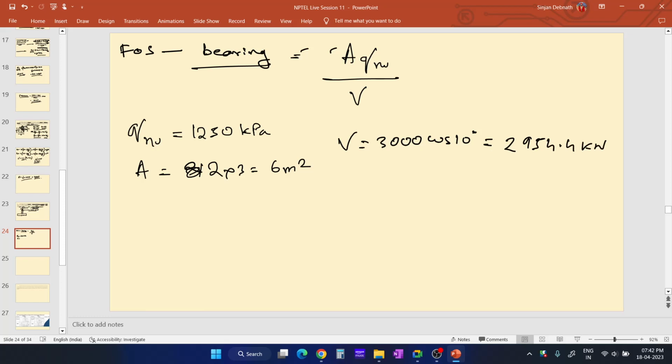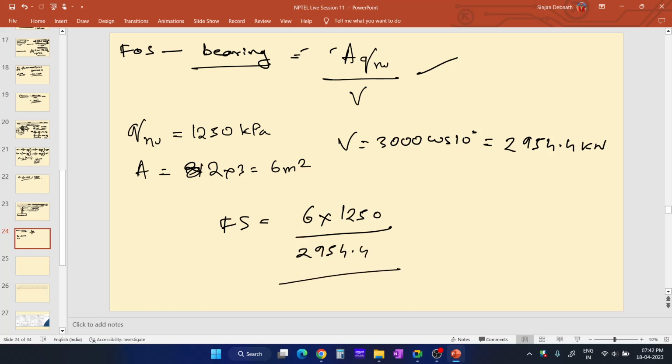So Fs will be A, which is 6, into Qnu, which is 1250, divided by V, which is 2954.4. If you calculate this, you will get the value of factor of safety against bearing. It comes out to be around 2.54, and this is greater than 1, so the foundation is safe against bearing.